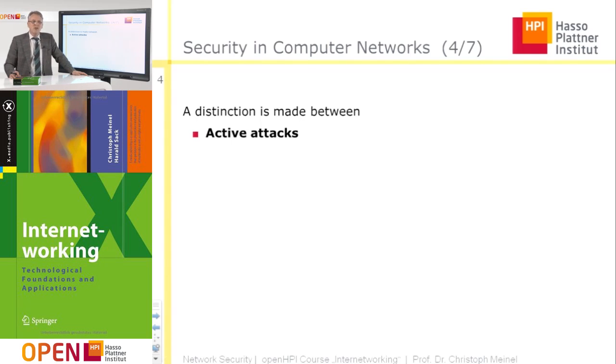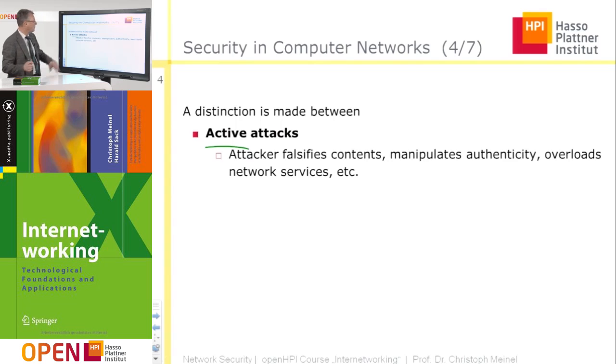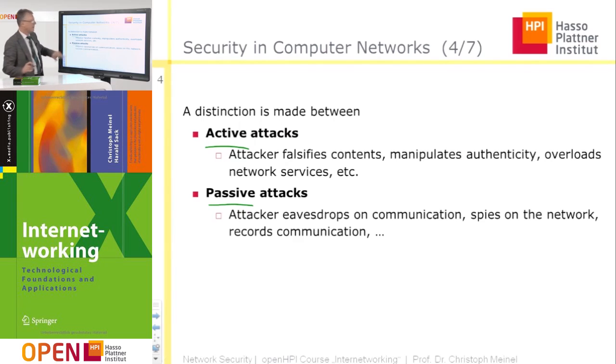When we look at attacks, we have to distinguish between two different kinds of attacks. There are, on the one side, the family of the active attacks. Here, the attacker does something. The attacker falsifies contents. The attacker manipulates authenticity. The attacker overloads the network and other things. And besides the active, we have the passive attacks. Here, the attacker is doing something which cannot be detected from our zone.